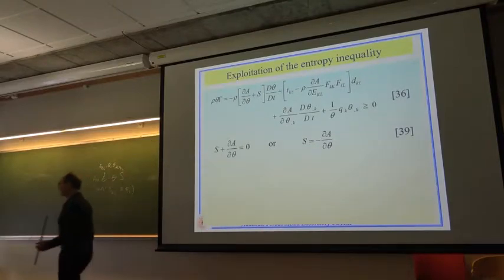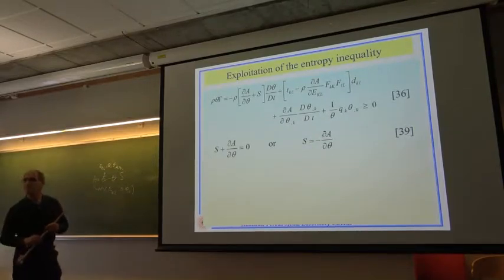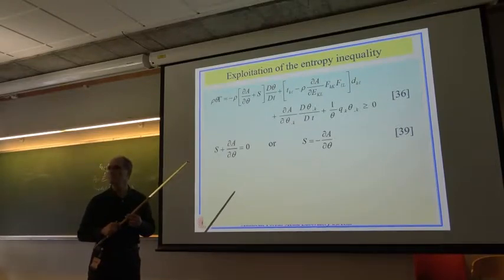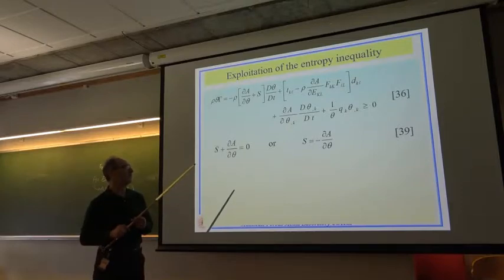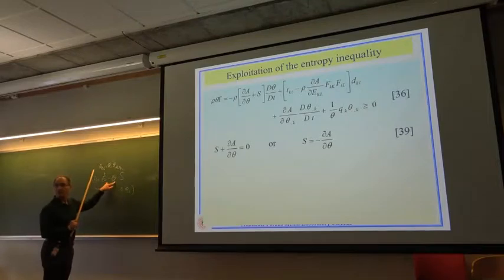Okay? And moreover, there is no condition on this last equation, which means that it is not the same as a normal definition. Why is it not the same? A is E minus theta S. That was the definition, that's how I got it.